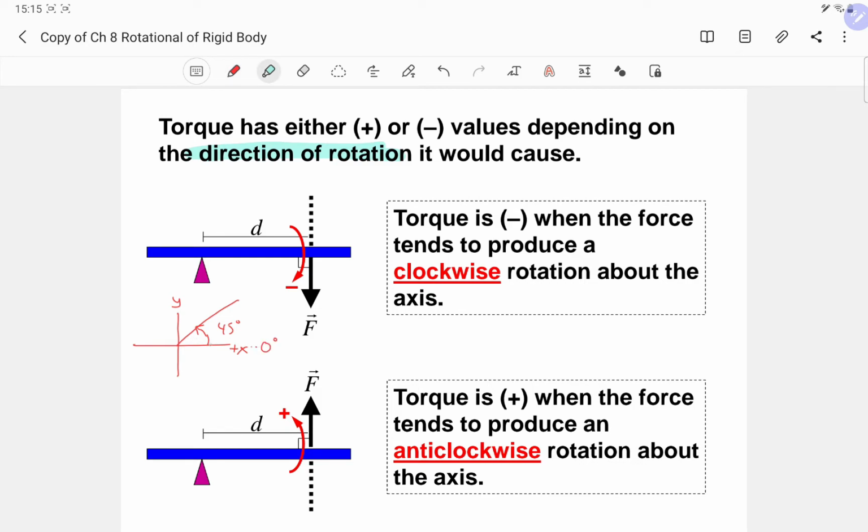If your rotation starts from the positive axis going in the anti-clockwise direction, we say that the direction of the torque is positive. Saya ulang balik. Kalau kita baca angle, kosong kita bermula pada positive X. Dia sepatutnya kosong pergi ke 90, 180, 270, 360. Kalau arah putaran torque awak ikut arah kita baca angle, jadi kita kata dia positif.